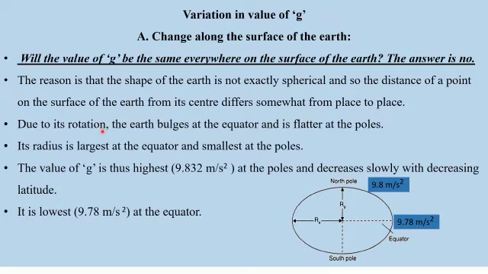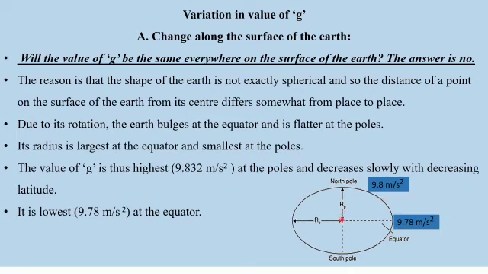Due to its rotation, the Earth bulges at the equator and is flatter at the poles. Now this is the shape of the Earth, and we find that due to the constant rotation of the Earth, it has become flattened at the poles, whereas it has bulged out at the equator.